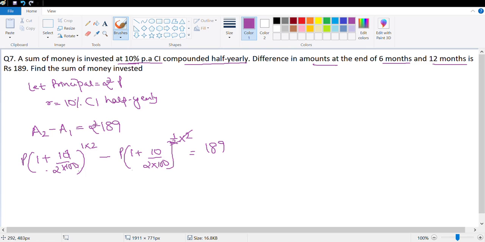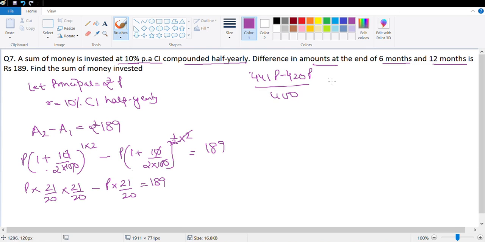So this is P into 21 upon 20 into 21 upon 20 minus this is P into 21 upon 20 is equal to 189. So that's 441P minus 20 times 21, that's 420P upon 400 is equal to 189.